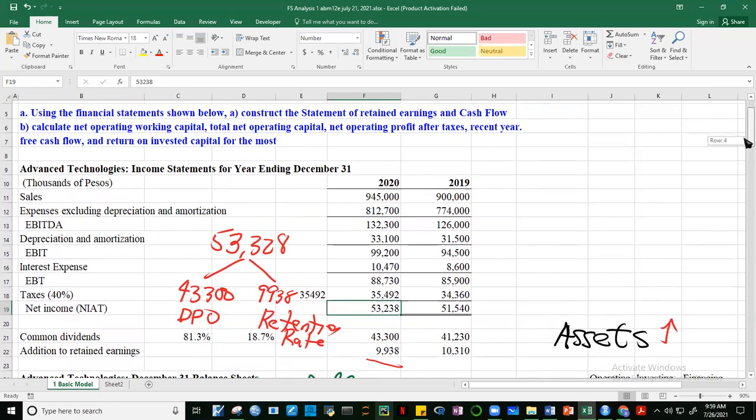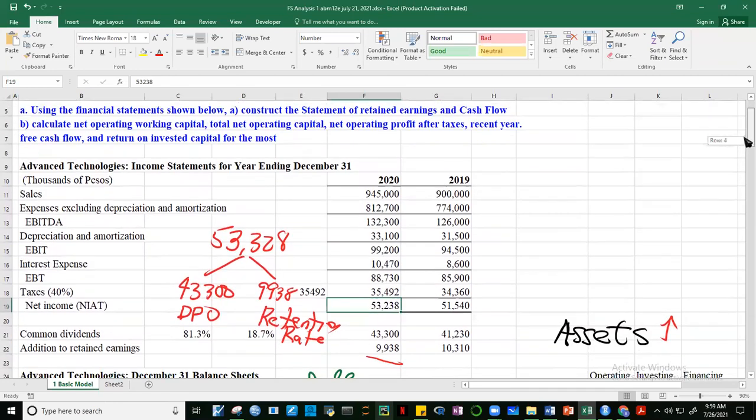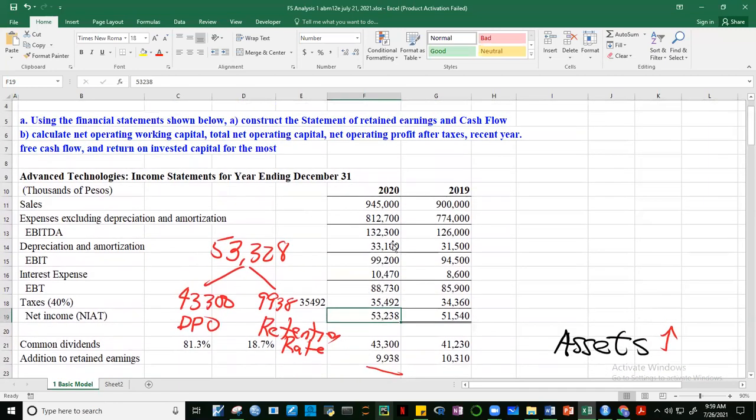Answer please. Guys, may mga nabawas ba tayo dito sa income statement na non-cash? Okay, by now guys, dapat alam niyo na yung answer dyan. Anyone?